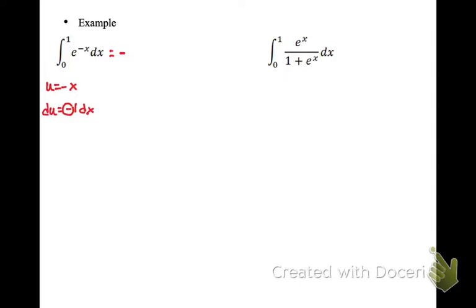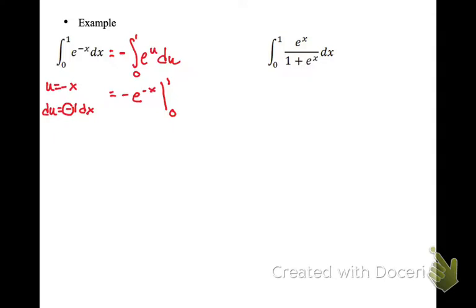Okay. So I have negative the integral of e to the u, right? From 0 to 1. So negative e to the negative x, and then we're going to go from 0 to 1.